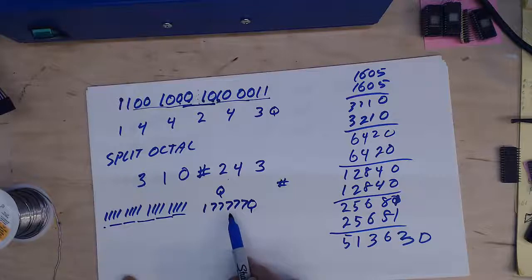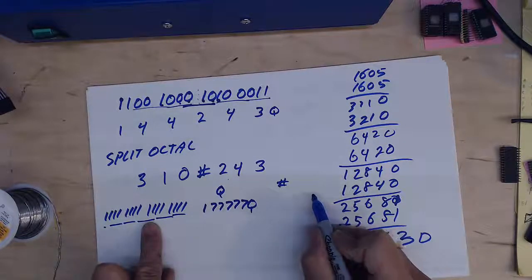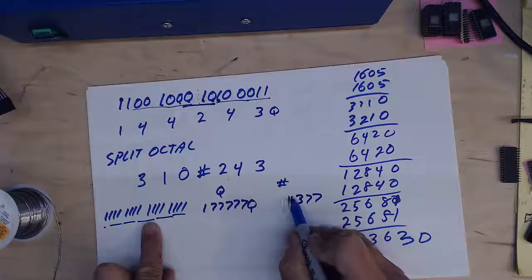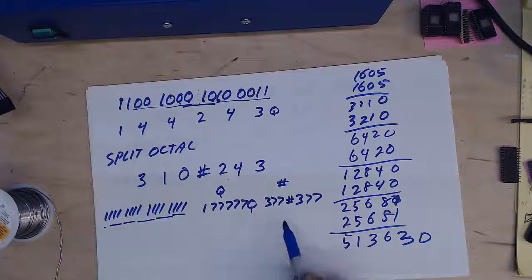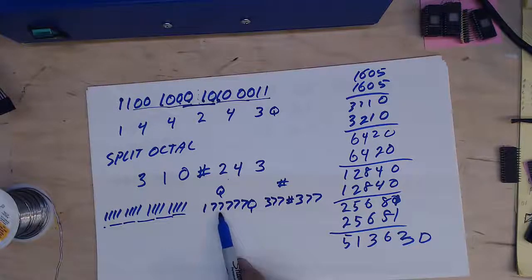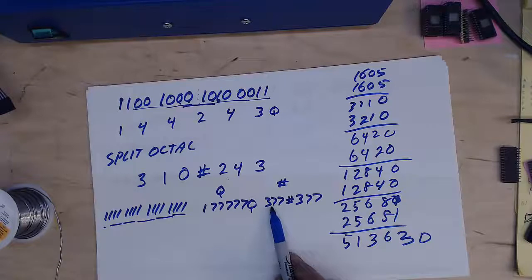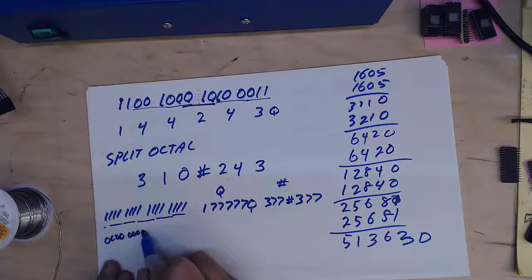But in split-octal, this is going to be 7, 7, 3. So FF, or all ones, in octal is 177, 777, and in split-octal it's 377, 377.